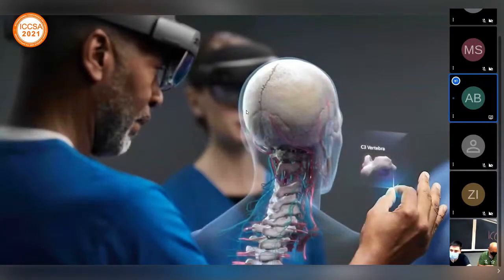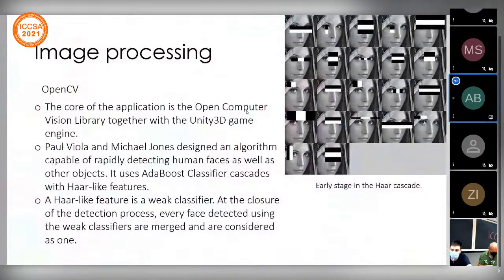This is Microsoft HoloLens and is being used in teaching to make holographic projections.